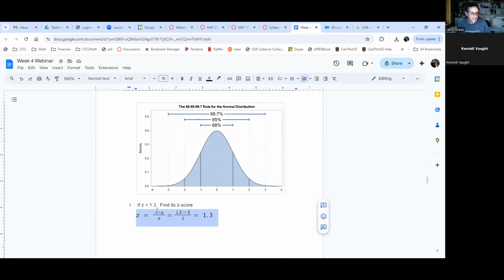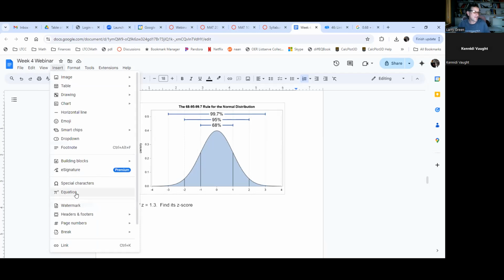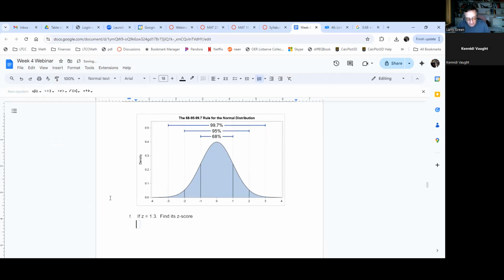Okay. Let's do this one. So if Z equals 1.3, find the Z score. Okay, this one is so easy, it's weird. So what we do is we remember the formula. So I'm going to insert an equation because it's an equation formula. And we're going to have Z equals. Do you remember the formula for Z score?